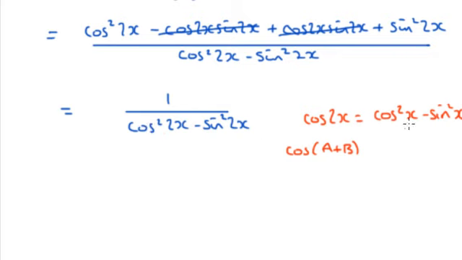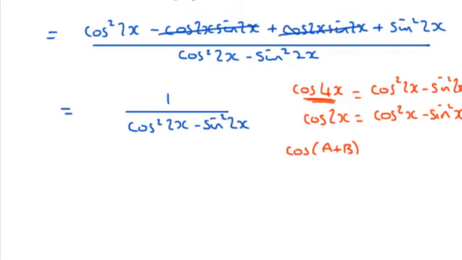Because this is cos squared 2x minus sine squared 2x, we've got a version of this formula here. Cos squared 2x minus sine squared 2x is going to be equal to cos 4x. And that's what we need.